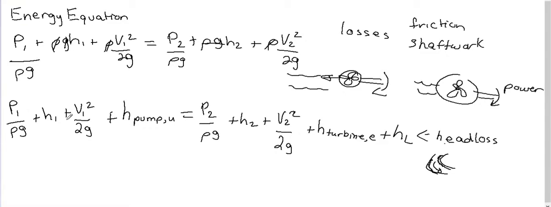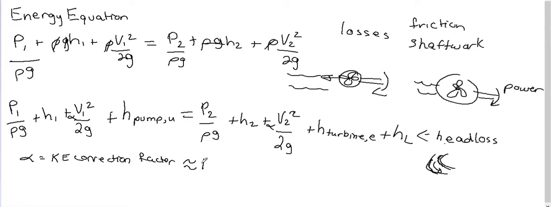Now sometimes you're going to see one other thing, and it's called the kinetic energy correction factor, and that comes in front of these terms where you have velocity here. This alpha here we say is the kinetic energy correction factor. And usually this is close to or equal to 1.